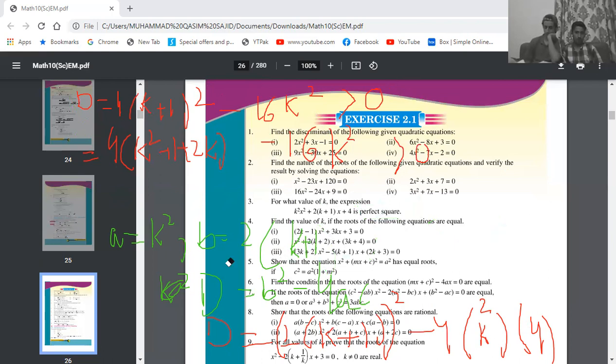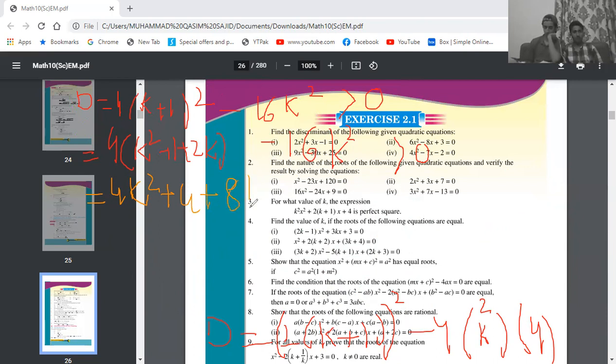Now this must be equal to 4k square plus 4 plus 8k minus 16k square is greater than 0.